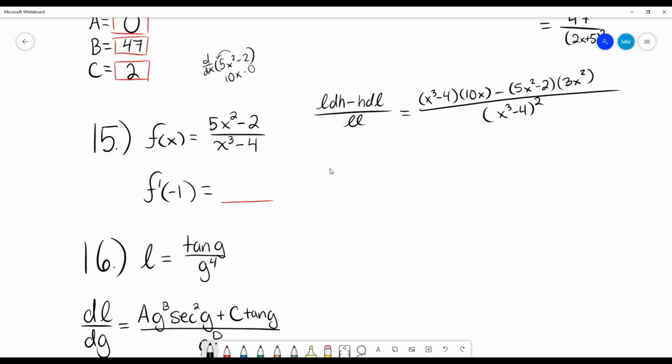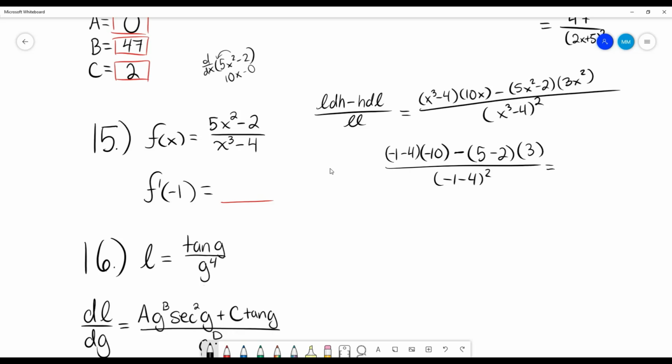So that's going to be a -1 cubed, which is just -1 minus 4 times 10 times -1, so -10 minus -1 squared is 1 times 5 minus 2. -1 squared is 1 times 3 over -1 cubed is -1 minus 4 squared.